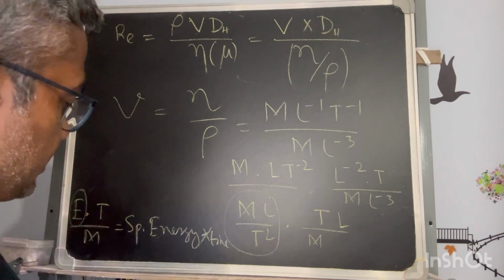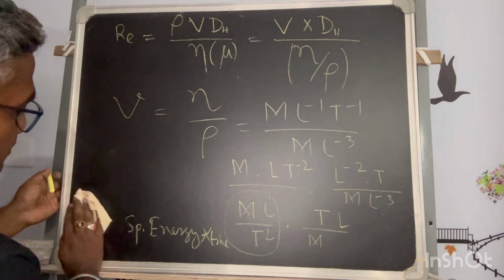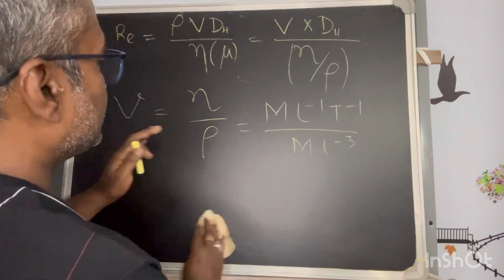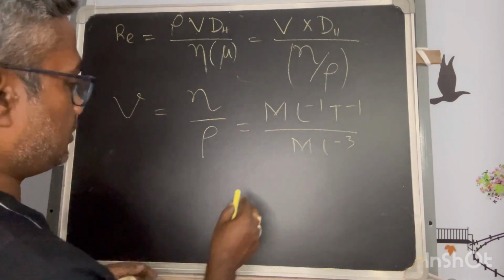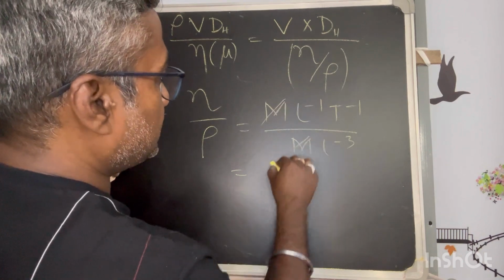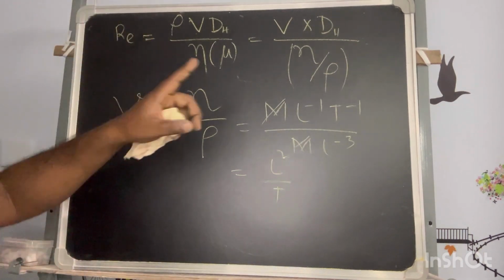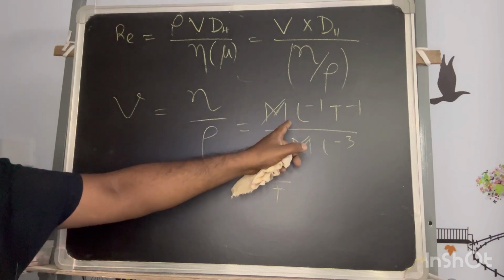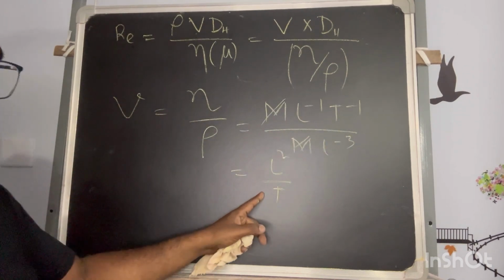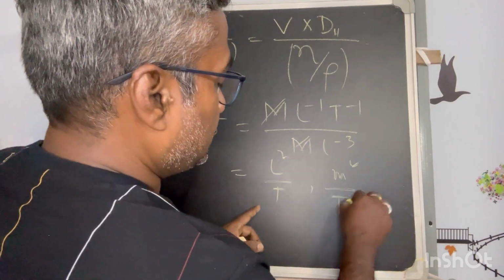So this is the practical experience by which we can get this kinematic viscosity value. So the ultimate unit of the kinematic viscosity will be, M will be cancelled out, and this will be L square by T. So this is the dynamic viscosity, M L^-1 T^-1, and in kinematic viscosity there is no mass involved, only meter square per time.